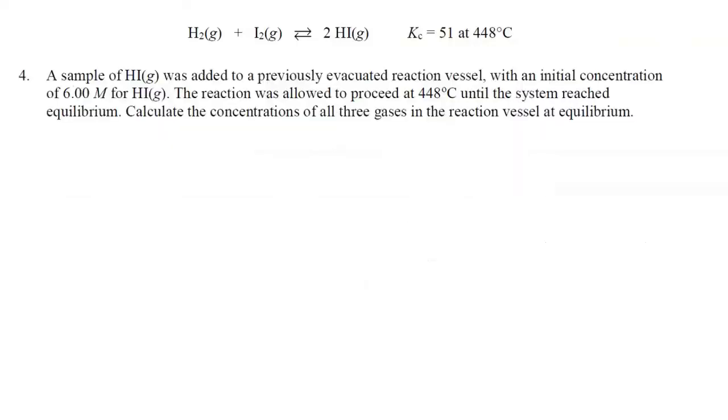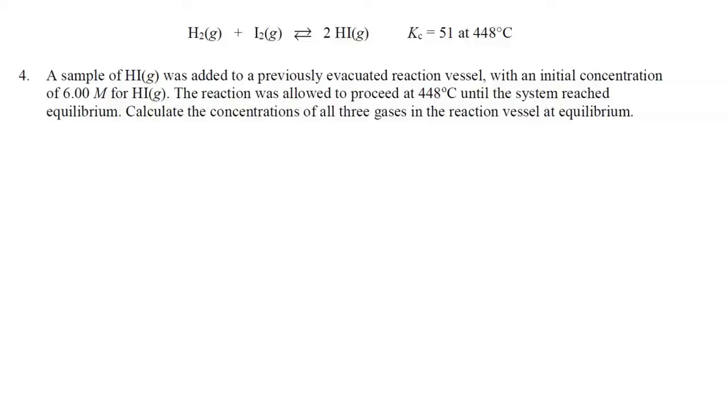All right, now moving on to question 4. So remember that questions 3, 4, and 5 in this packet all deal with the same equilibrium system. Question 4 says, a sample of hydrogen iodide was added to a previously evacuated reaction vessel with an initial concentration of 6.00 molar for hydrogen iodide.